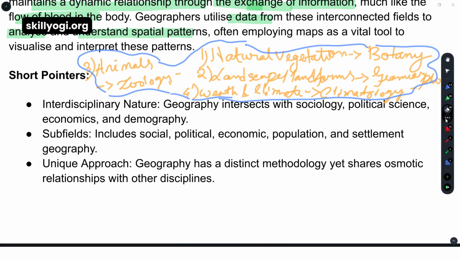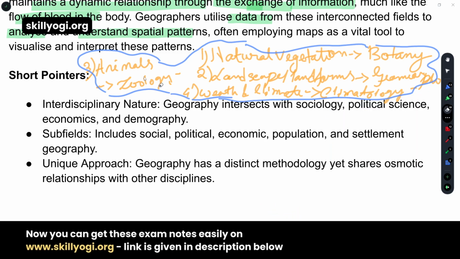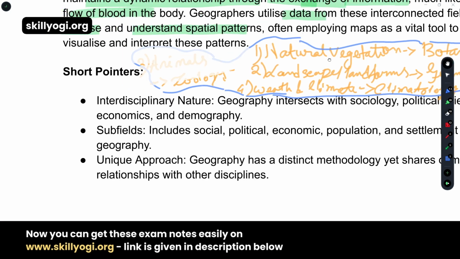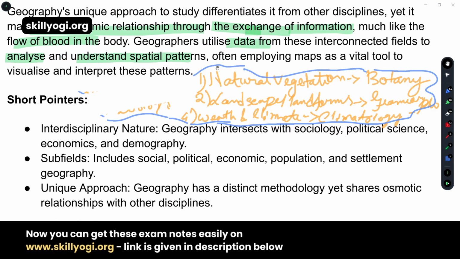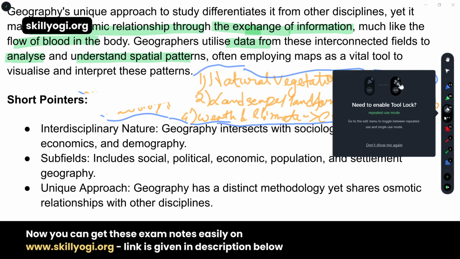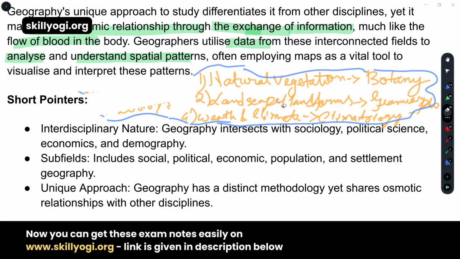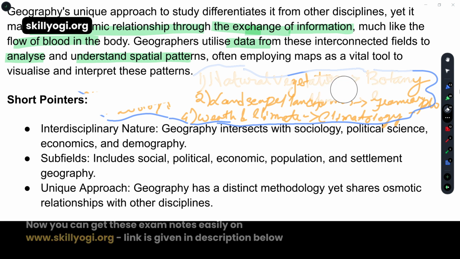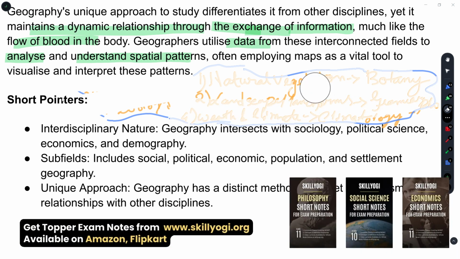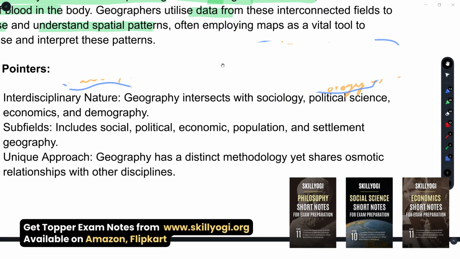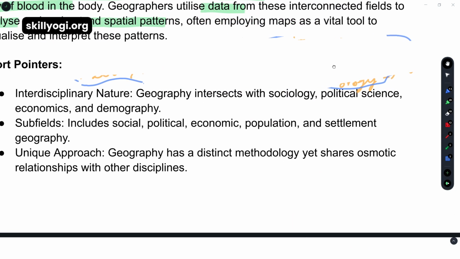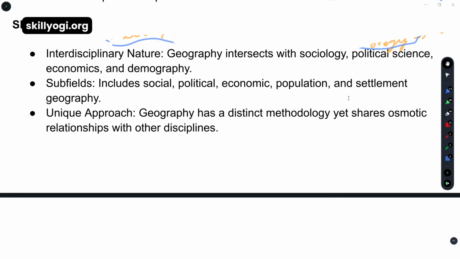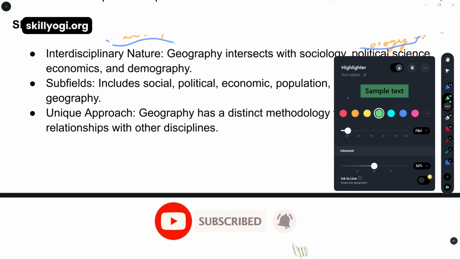If I erase this, it will be comfortable for you to see this as a whole. Okay, now come to the short pointers. What is written over there? Yes.